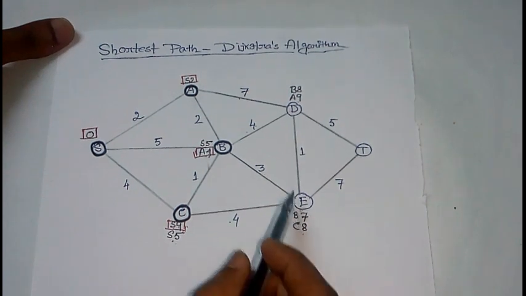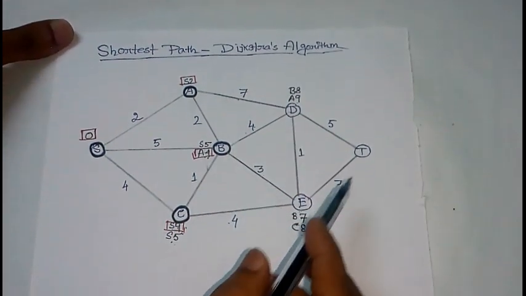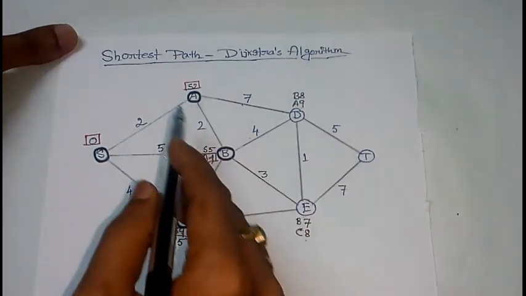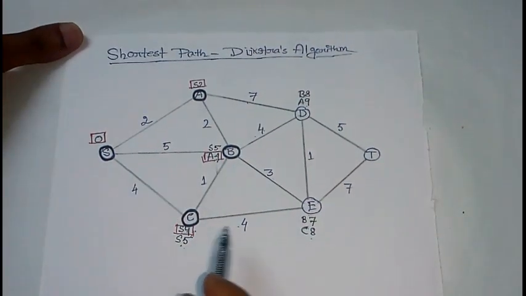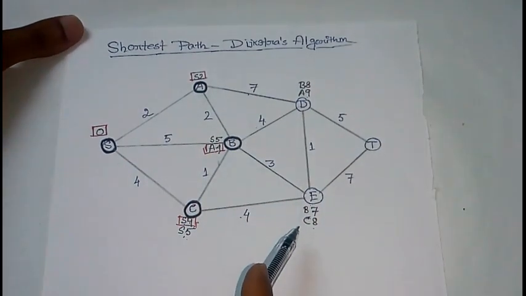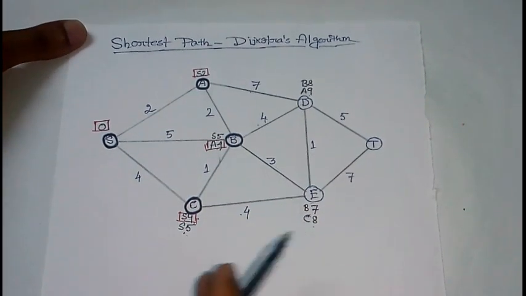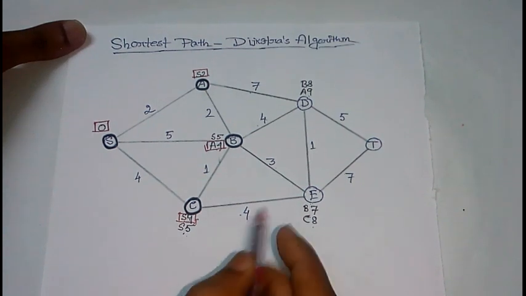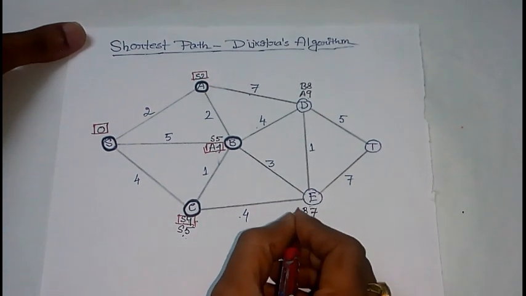So now these 4 are the temporary labels because T is not adjacent to any one of the selected vertices. So these 4 labels are the temporary labels, and we have to find the minimum of these 4. And we can easily find that this one, B7, is the minimum.